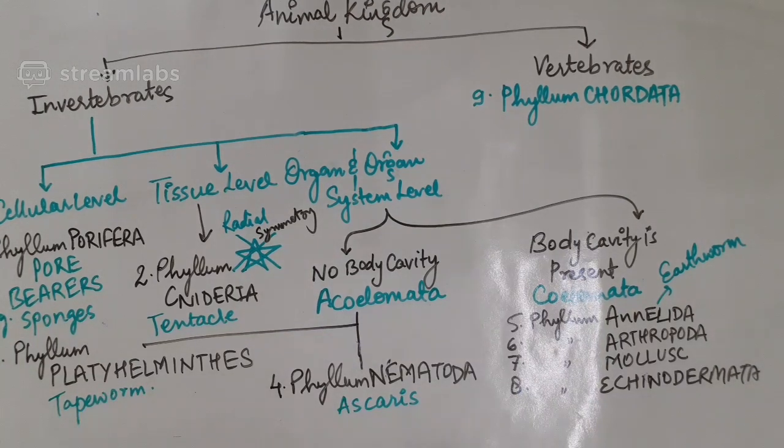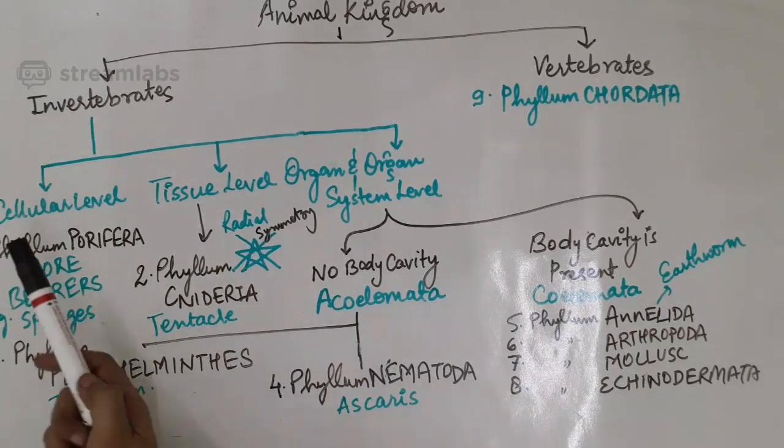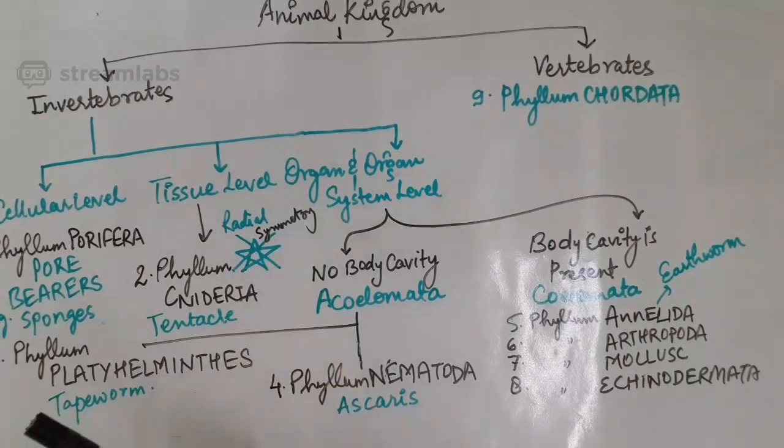After this, see, this is a chart or the formula for learning the kingdom division for animals. 9 major phyla. Invertebrates are divided into first, second and third levels: cellular, tissue and organ or organ system level.